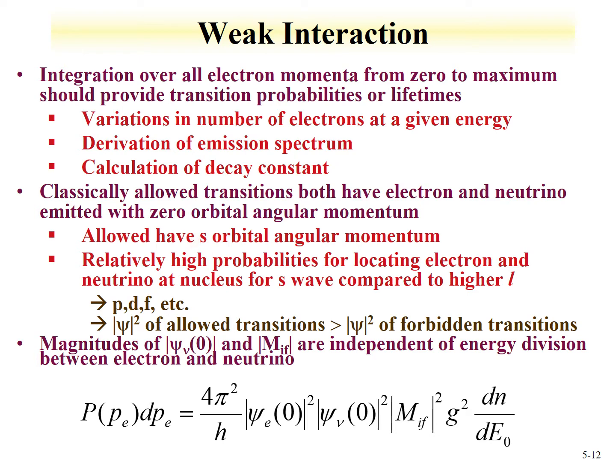So we're going to call these forbidden first, second, third, etc. forbidden transitions. And what we're going to see is that the allowed transition matrix elements are going to be larger than the forbidden elements. So the magnitude of the neutrino wave function and this matrix mixing element are independent of energy divisions between the electron and the neutrino. Those are some of the parameters for this equation.